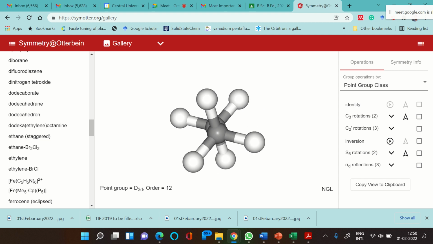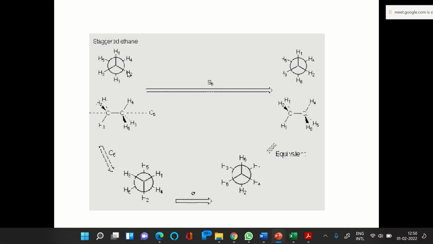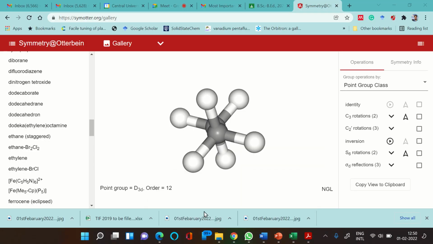ठीक है, so H1 H2 H3 क्लॉकवाइज में हमने ऊपर से नीचे सामने वाले को लेबल किया, यही हमने यहाँ पे किया था. देखिए लेबलिंग वाज लाइक दिस, H1 H2 H3, पीछे वाला H4 H5 H6, लेबलिंग कर दिया, and then you perform the operations that I told you.